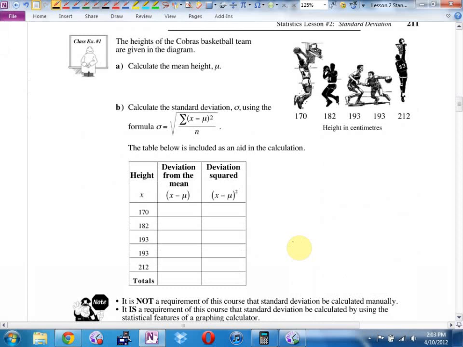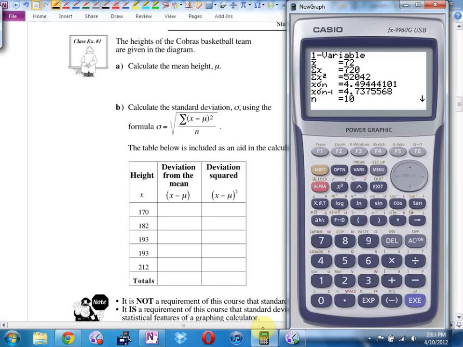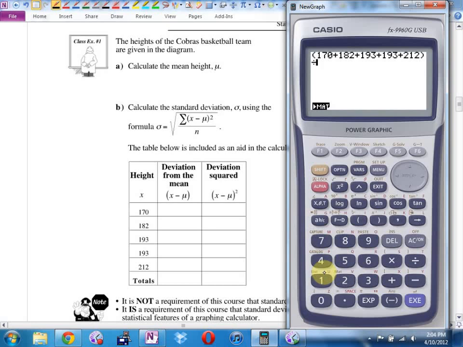So here's the heights of the Cobras basketball team. First of all, it says calculate the mean height. Okay. Menu, run. The mean height is going to be bracket 170 plus 182 plus 193 plus 193 plus 212, close bracket, divided by, how many are there? 1, 2, 3, 4, 5.